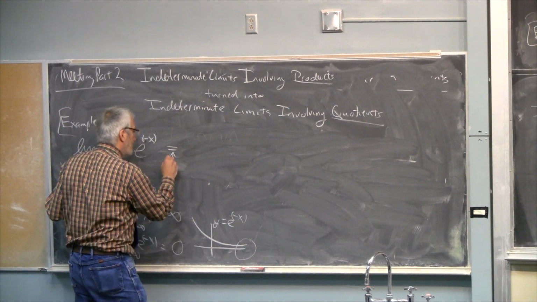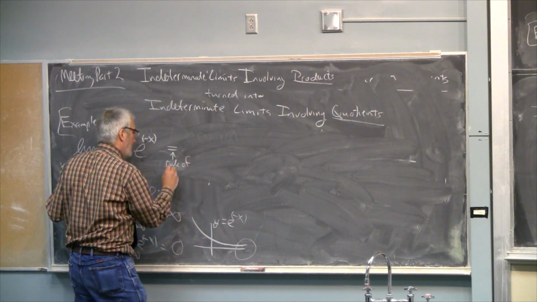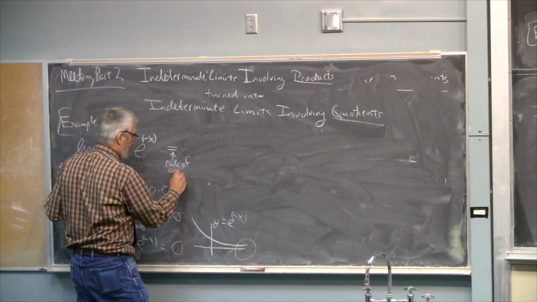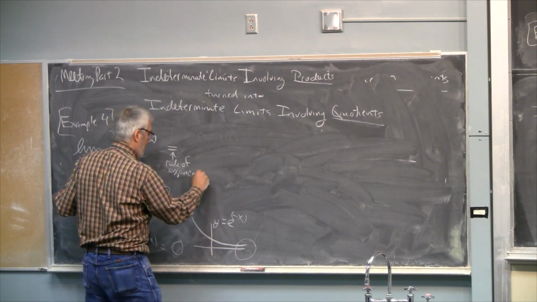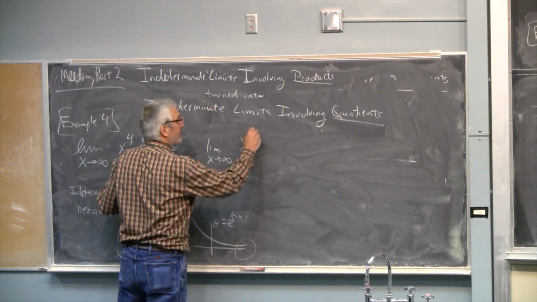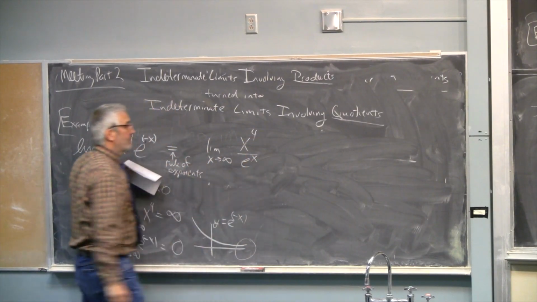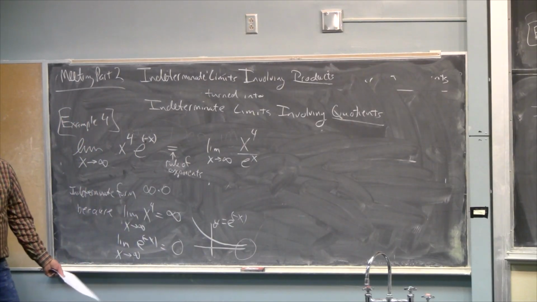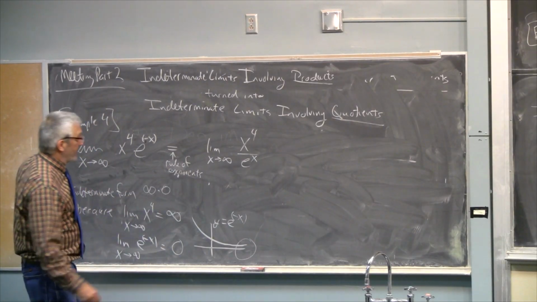So we're going to use a rule of exponents to say that this is the limit of x to the 4th over e to the x. So now we've got an indeterminate form that's a quotient.